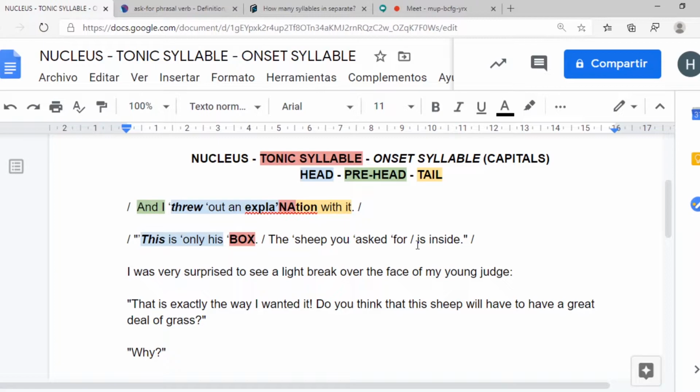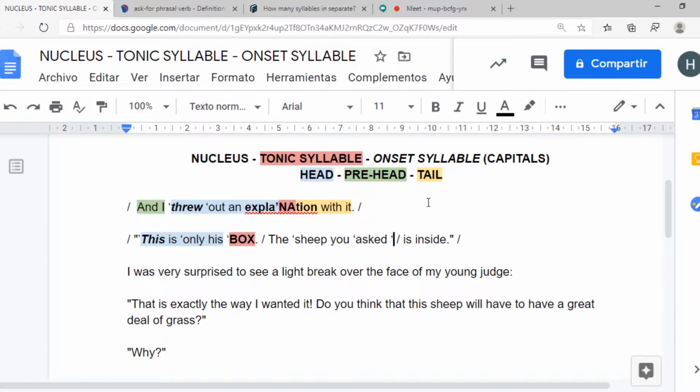If I have certain exceptions, of course, it will not be my nucleus, but the nucleus will be the last content word or the last accented word. In this case, for is my last stressed word, so I can say that this is my nucleus. So for is my nucleus.